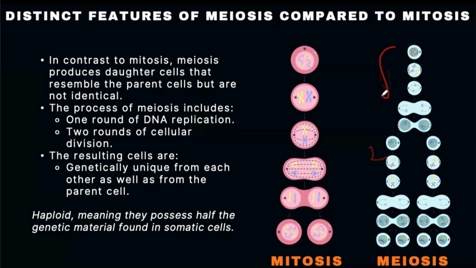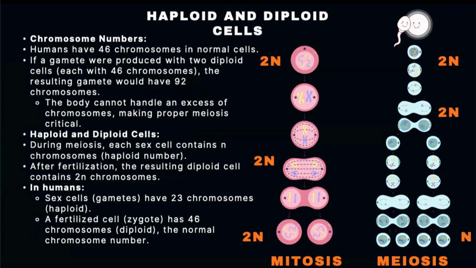We call this round one and round two. And what's going to happen is the daughter cells, so essentially you'll get four daughter cells. They are very similar to the original parent cell, but not exactly the same. And you can see in the picture here, they look very different. What ends up happening essentially is we see that the daughter cells are halved.